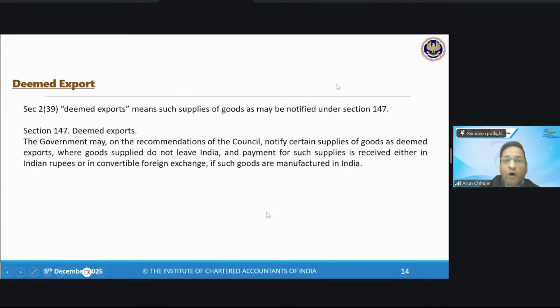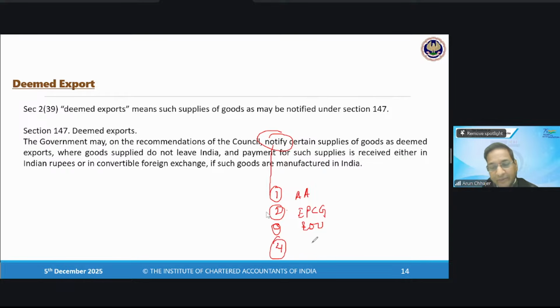So the government, by notification, means only 4 transactions. In short, I'm writing: against advance authorization, against EPCG license, then EOU, and last is supply of the gold by bank and PSU against advance authorization.